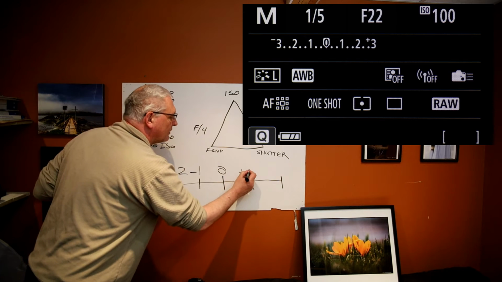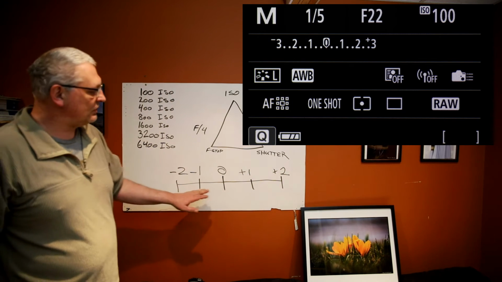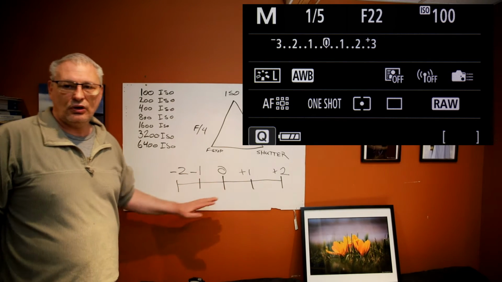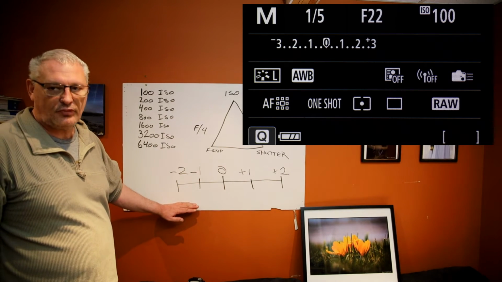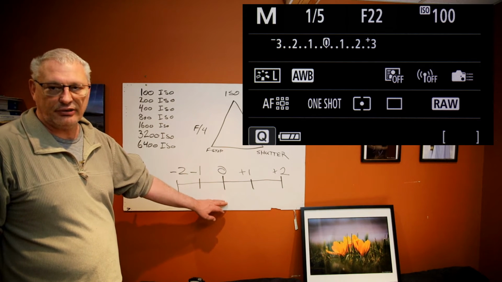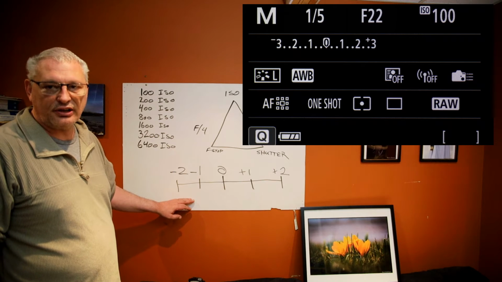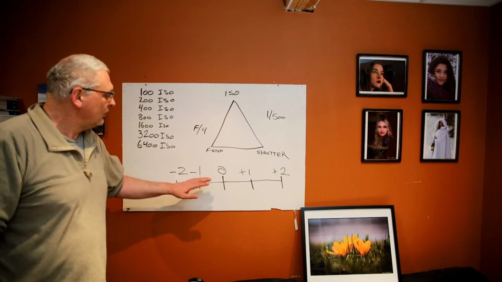What the light meter does is let you know if your picture is overexposed or underexposed. Being overexposed means that you're having too much light come in. Okay? Being underexposed means that there's not enough light coming in.